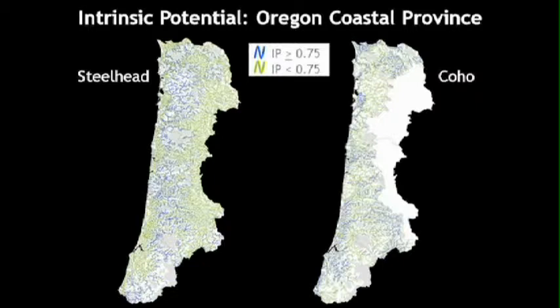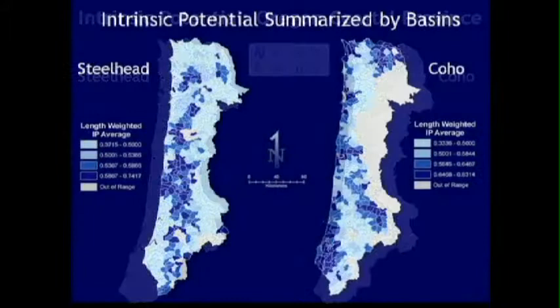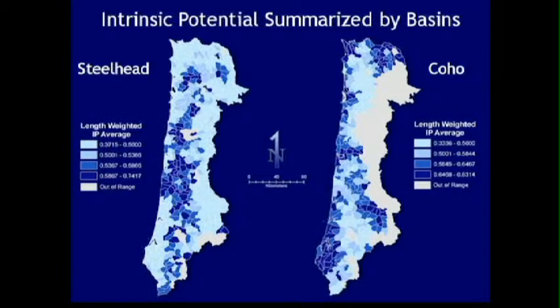You can see for steelhead, the areas in the dark blue tend to be located in montane areas that are further inland, whereas the high intrinsic potential reaches for coho salmon tend to be in areas of lower topographic relief that drain directly into the Pacific Ocean or into the Columbia River. This same pattern is evidenced when the data are summarized by basins, again with the areas in the darkest blue having the highest length-weighted average intrinsic potential.